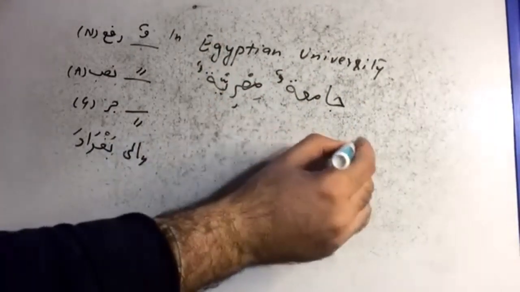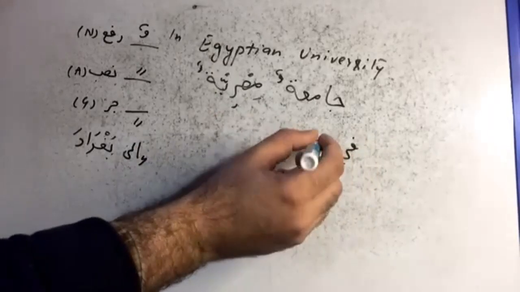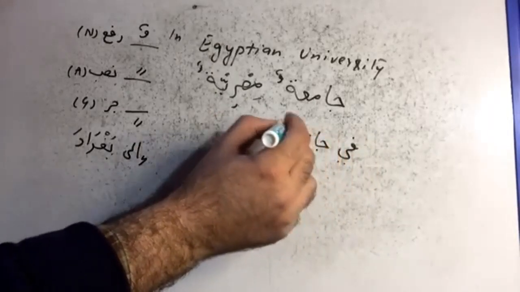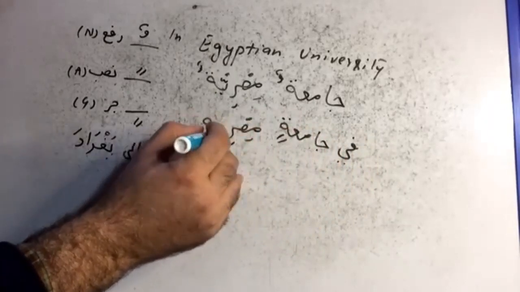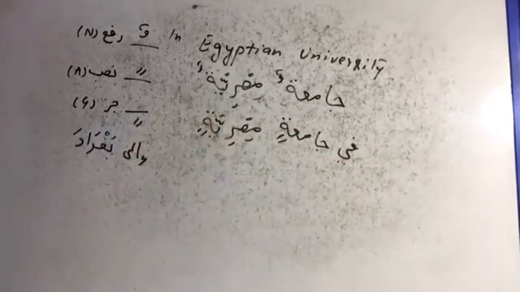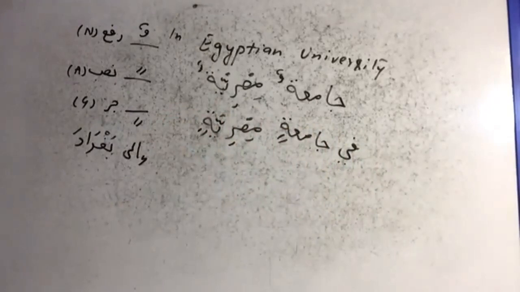So what I say, fi jami'atin misriyatin, right? And if it goes into the accusative, tan, all right?